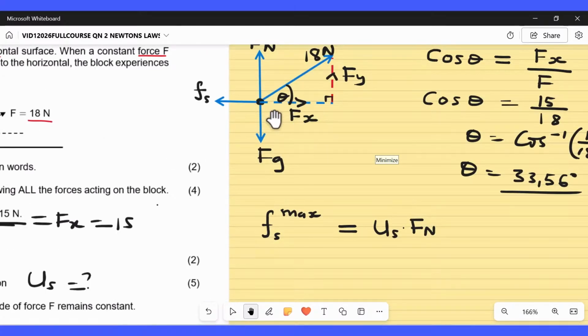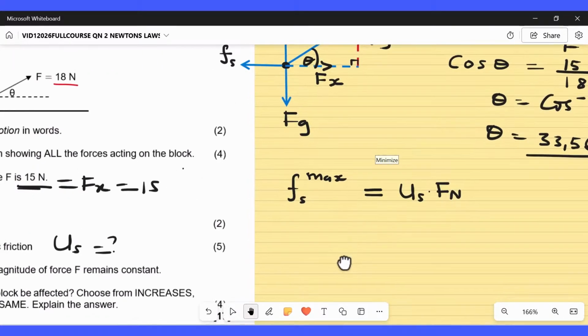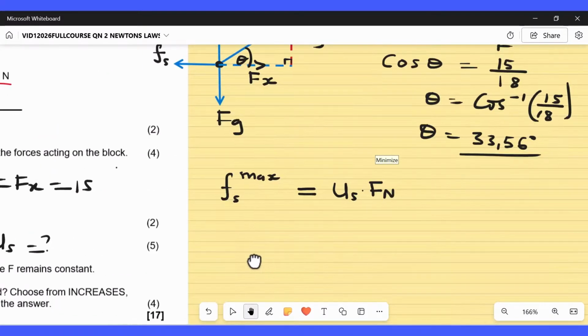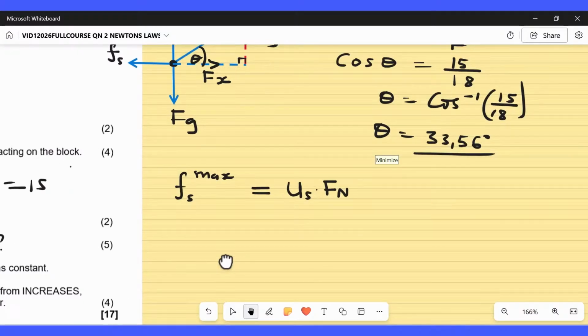So in other words, the coefficient of static friction equals that horizontal component divided by the normal force, F normal. This one I know is 15, they gave it to us already. So my task here is to find what? The normal force, F normal.